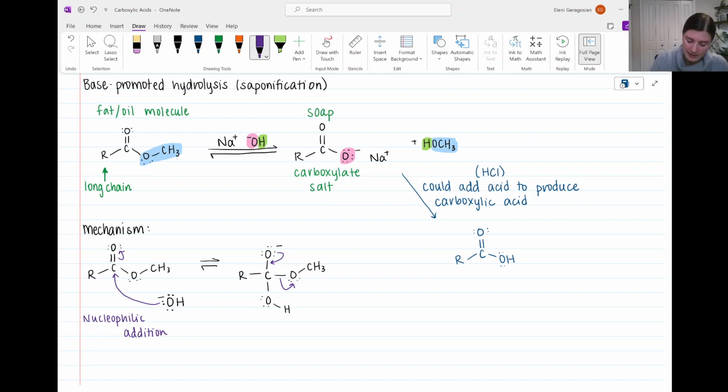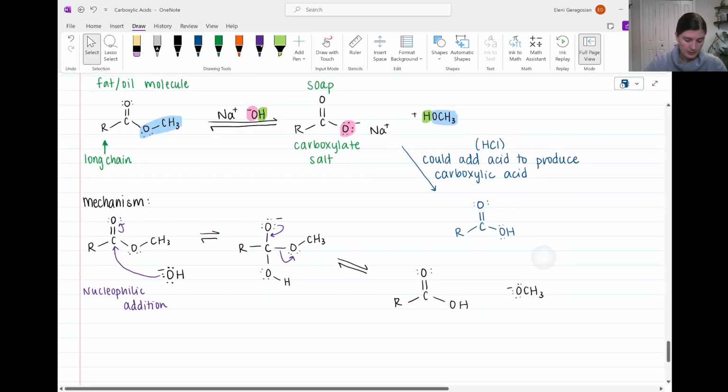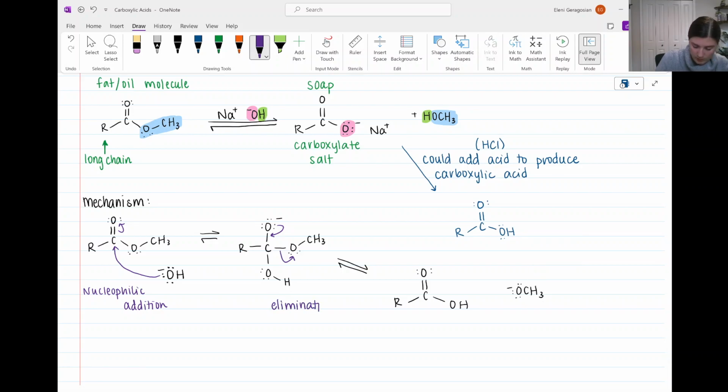The anion that will generate is the OCH3 anion, and then our molecule is a carboxylic acid, and we form this OCH3. That's what has left the molecule, as that second purple arrow has shown. So this second step is elimination. We've eliminated the OCH3, the methoxy group.